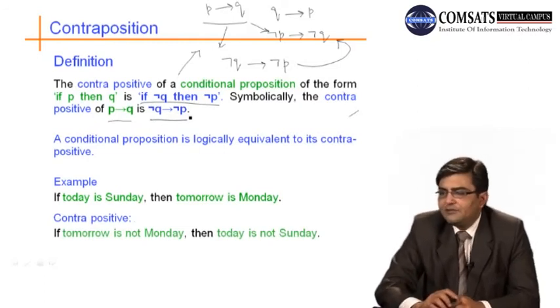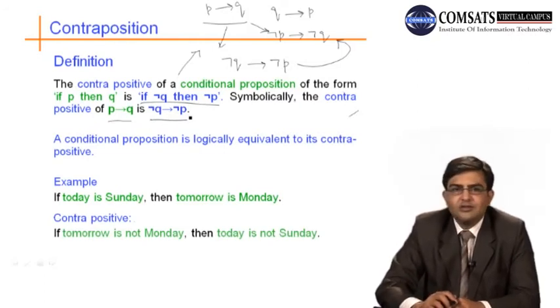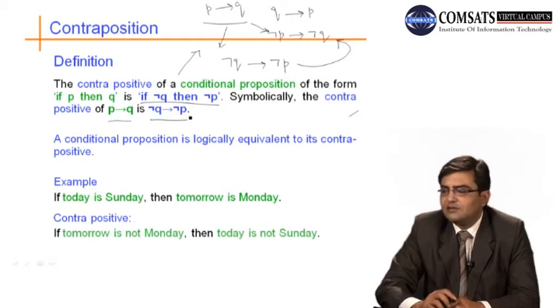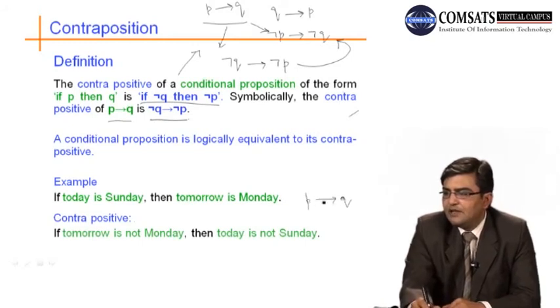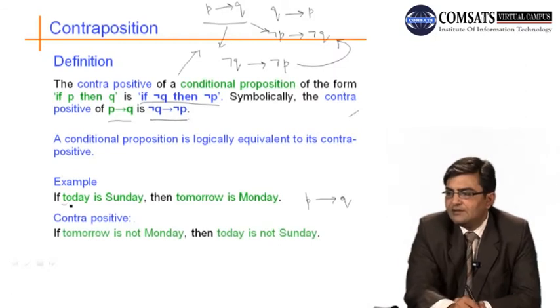For example, if today is Sunday, then tomorrow is Monday. What is the contraposition or contrapositive of this statement? This statement is actually P implies Q. What is P here? P is today is Sunday. This is the hypothesis, and what is the conclusion? Tomorrow is Monday.